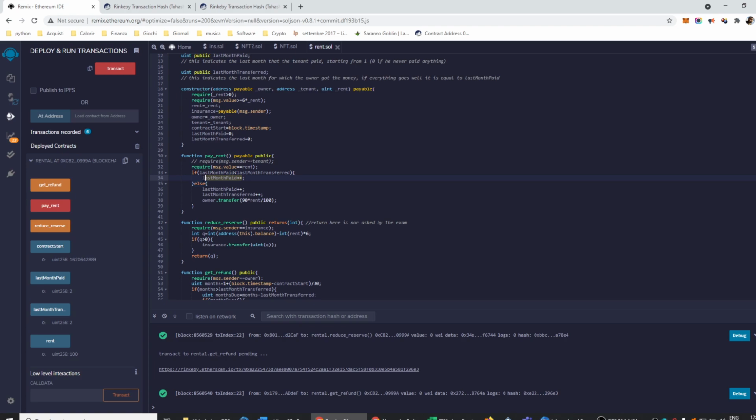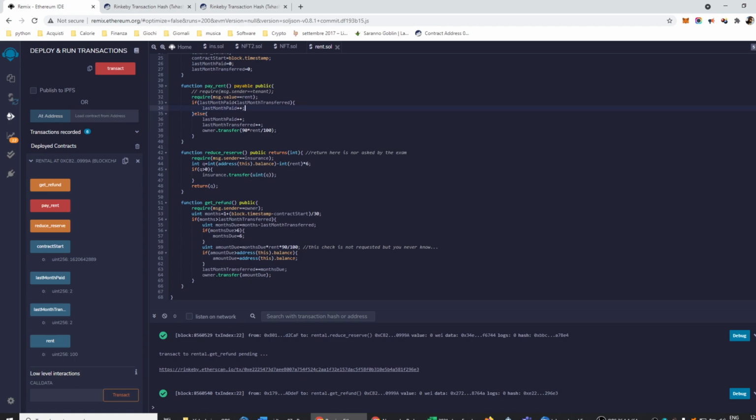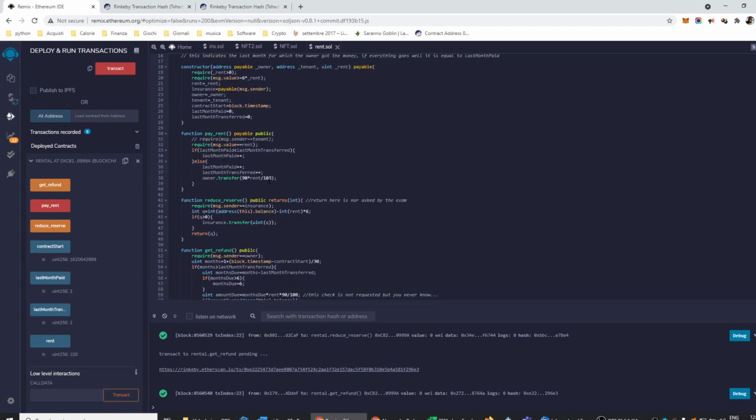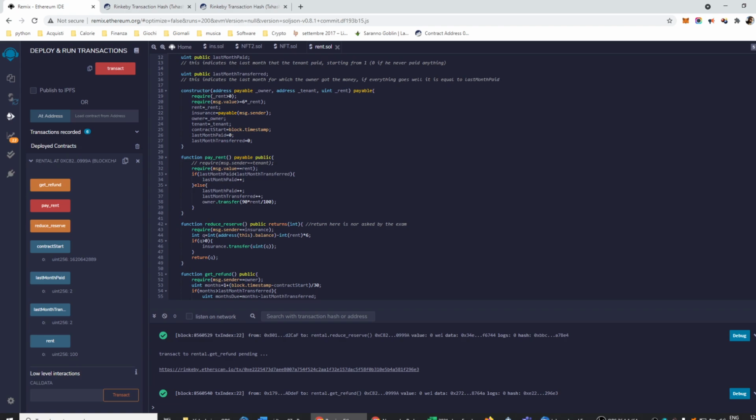We don't give anything to the owner because the owner asked for a refund because last month transferred is above last month paid. So it means that the owner already asked for a refund. We don't know how many months, but for sure this month has been already given to him here. Okay. And we update only the fact that the tenant has paid, nothing else.